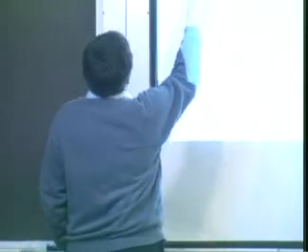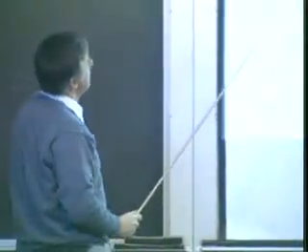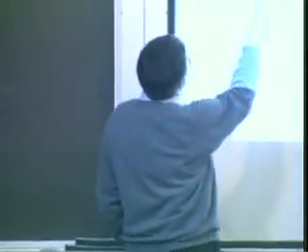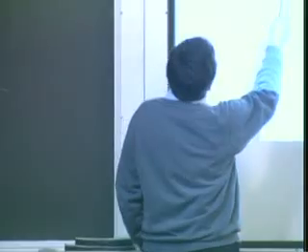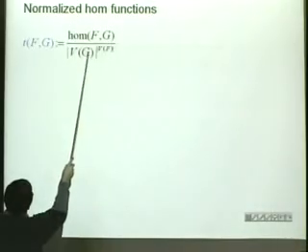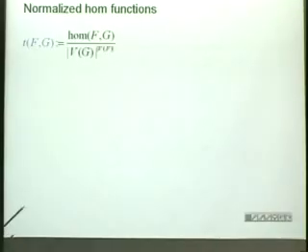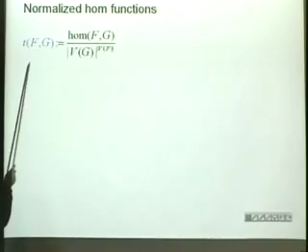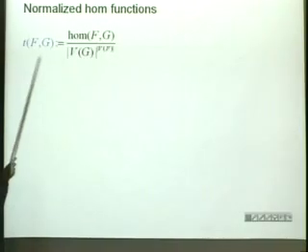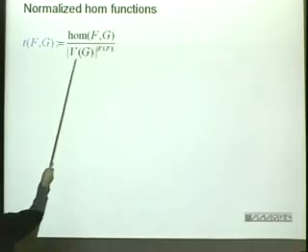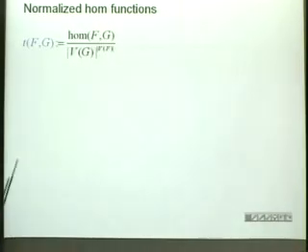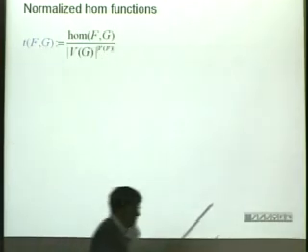So let t(F,G) denote the following: I count the number of homomorphisms of F into G, and then I divide it by the number of nodes of G to the power of the number of nodes of F. Another way of saying this is that I pick a random mapping of V(F) into V(G), and then this expresses the probability that it's a homomorphism. So it's a number between 0 and 1.